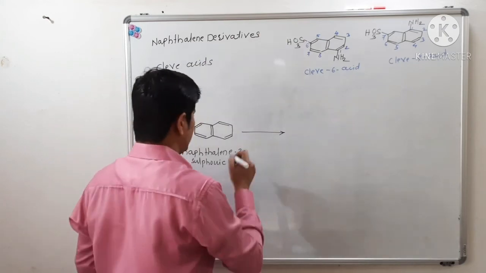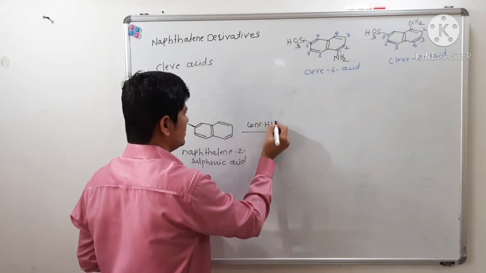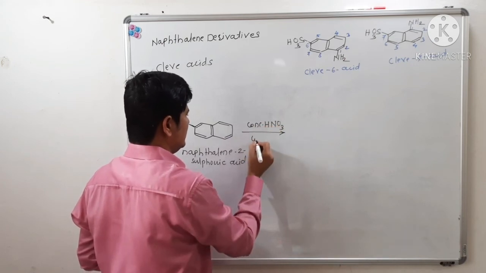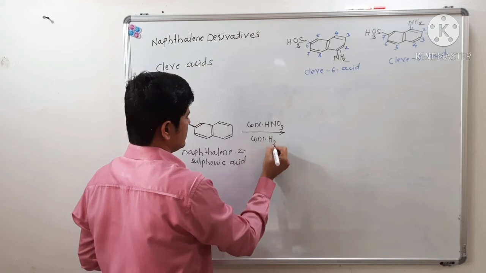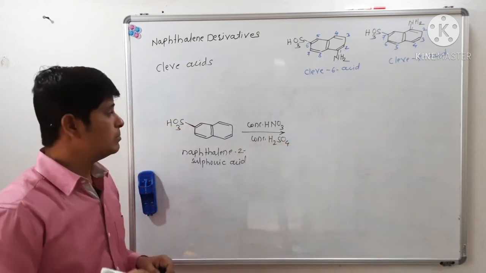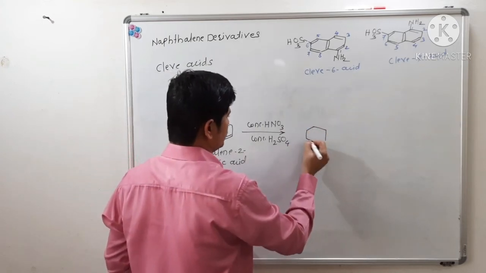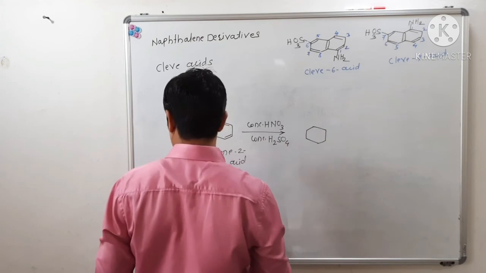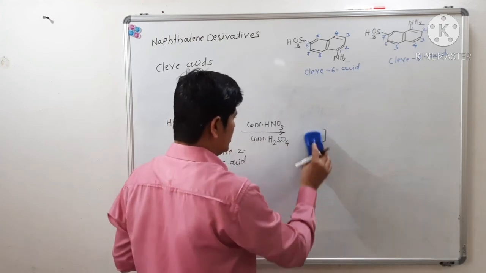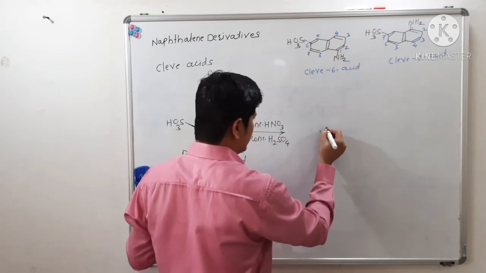Now this naphthalene 2-sulfonic acid is reacted with concentrated nitric acid and concentrated sulfuric acid, that is, a nitrating mixture. It will give a mixture of nitro derivatives.